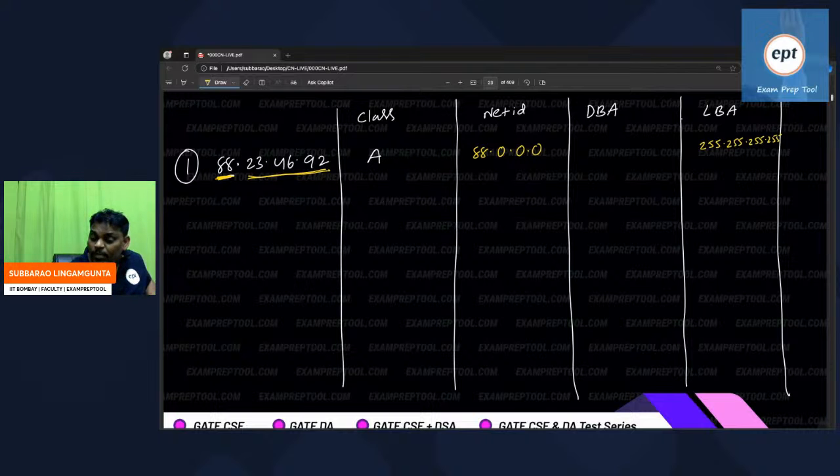Can you say what the DBA is? DBA is very simple: direct broadcast. What is the meaning? In this network, all the people. In this network means 88, all the people means 255. Host part keeps all 255s. It is called direct broadcast because you go directly to that network and send to all the people.